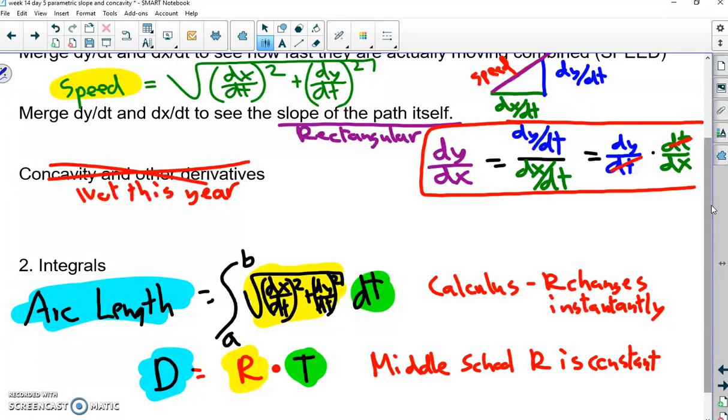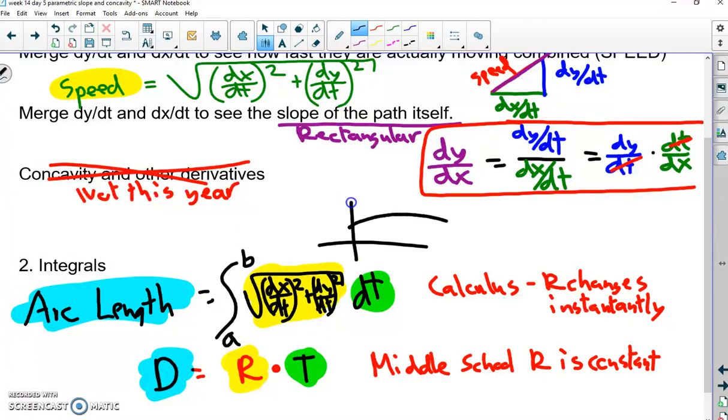An integral collects all of those small distances. When you collect those small distances, that's the arc length. And I want to make sure you know that's the arc length. When I say arc length, when we have the path of the ball, I am not saying how far the ball flew, how far downfield Peyton Manning threw it, how far the baseball player hit the ball.